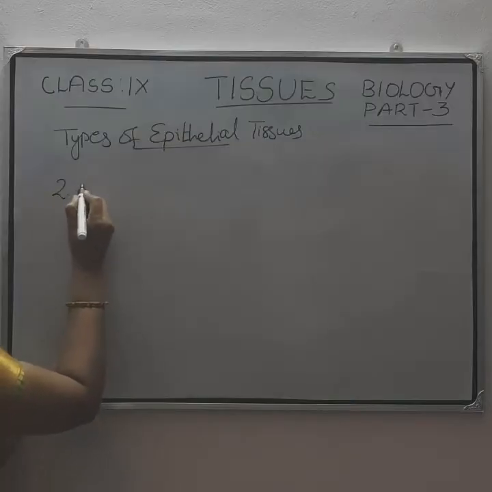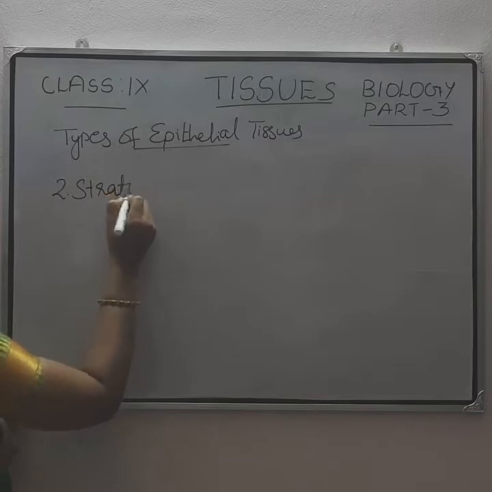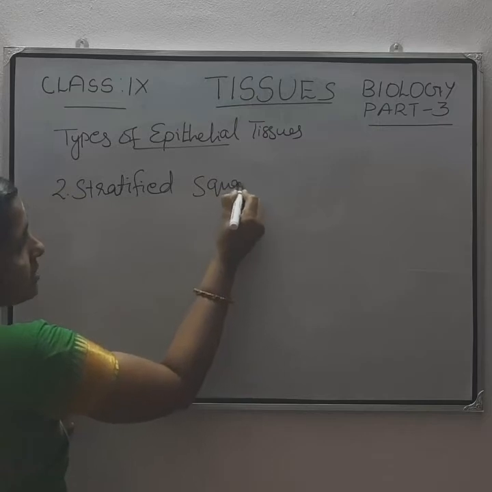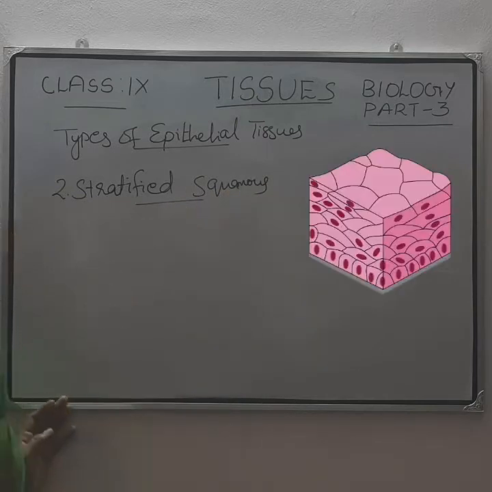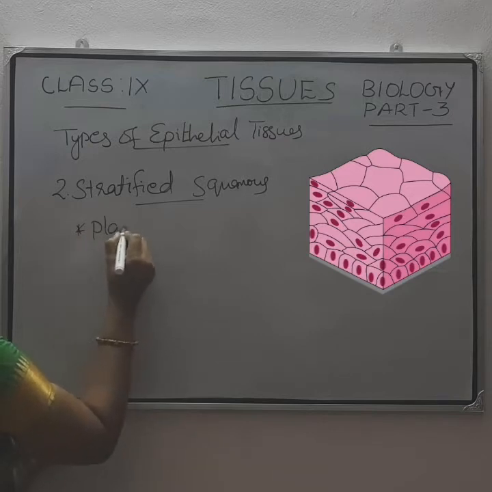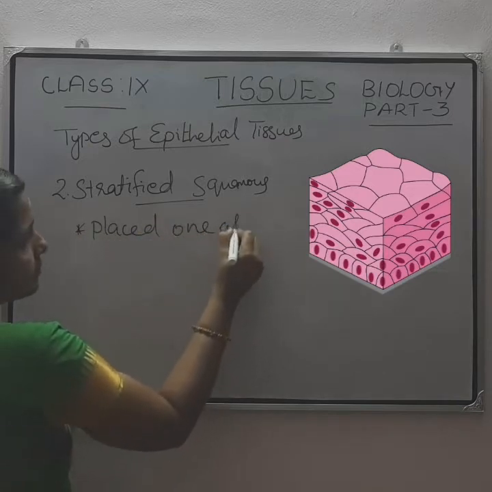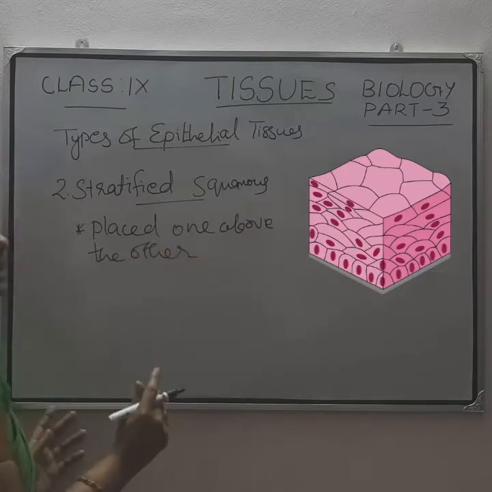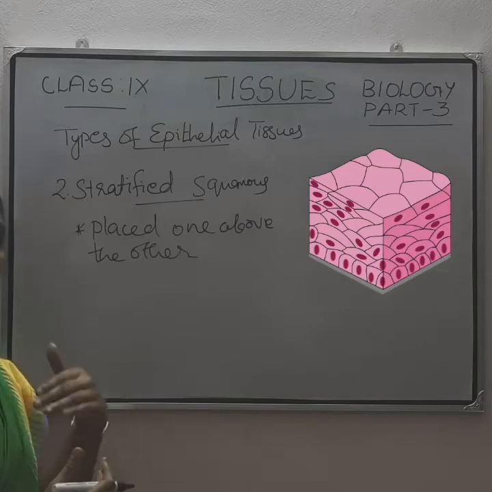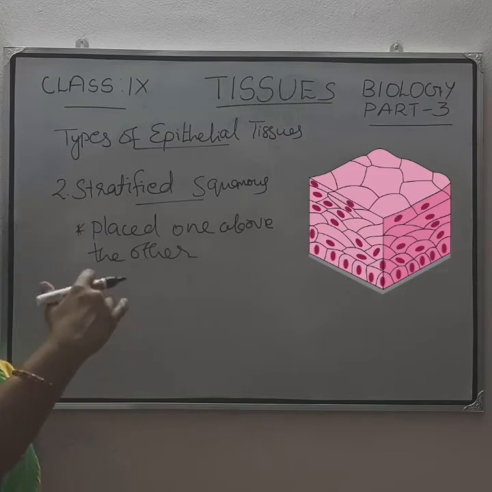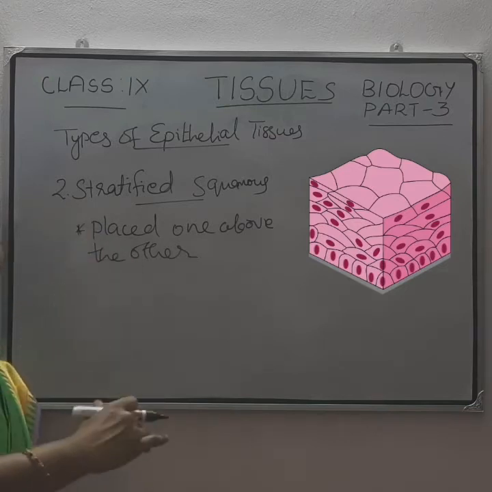Then another one is stratified squamous epithelium. Strata means what? Different layers. Here the cells are placed one above the other, so we can see different layers of cells. So it becomes very thick. Why does it become thick? Because different layers of cells are there, one cell placed above the other.